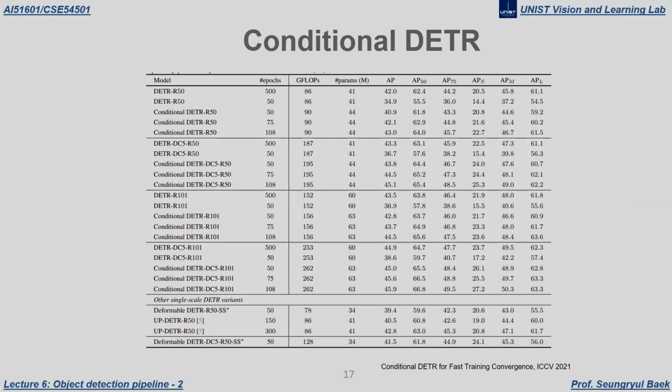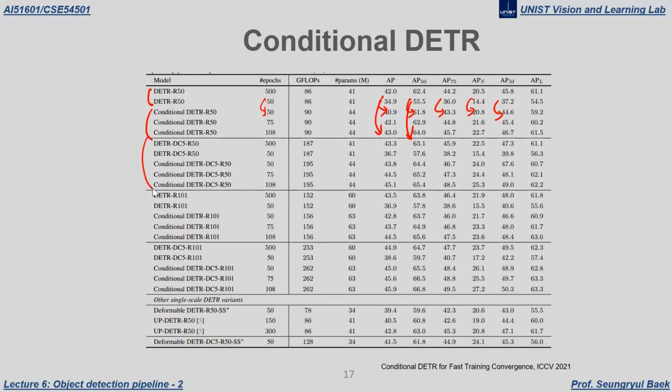In conditional DETR, you can see that compared to the vanilla DETR, the performance is better. When you compare the same epoch-trained models, the performance is far better.